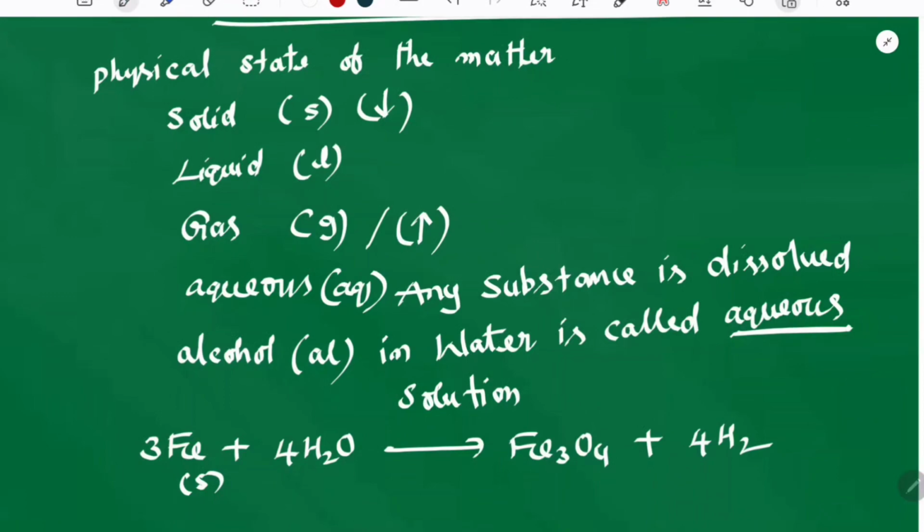Water in the vapor state means gaseous form, so we can keep small g here. Now we can see this equation is more informative when compared with the previous equation, as we have mentioned all these physical states.